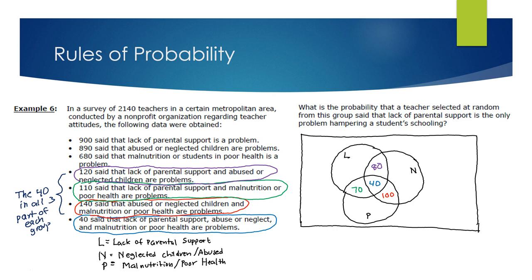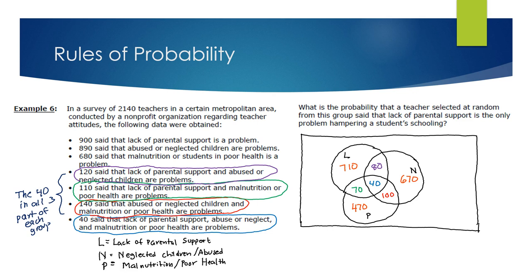So that's how I get the numbers in those intersections where there's only two regions between them. And then, of course, for the rest of them, I'm going to take the 900, the 890, and 680 and subtract away these numbers that have already come up. So that means I would have 710 out here, 670 in the region where N is, and 470 in the region of P that was left over.